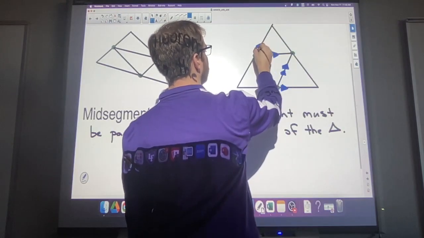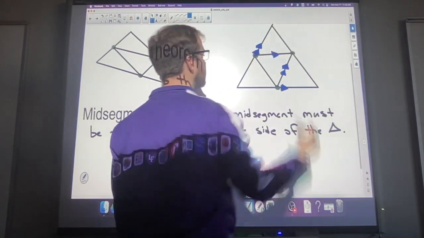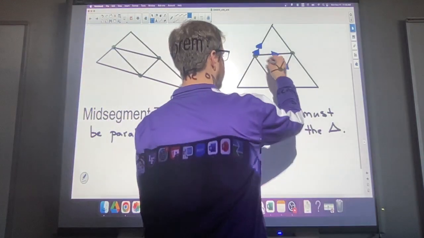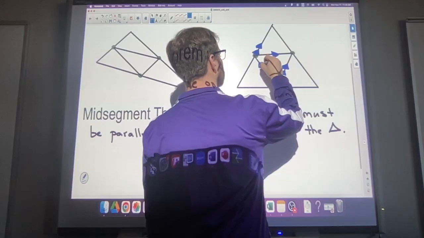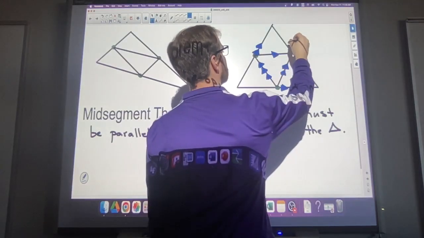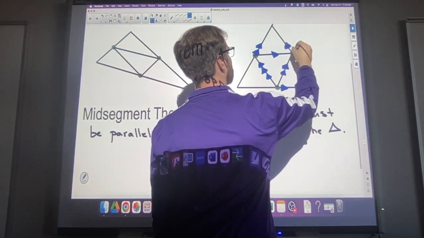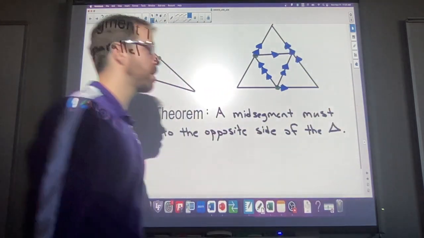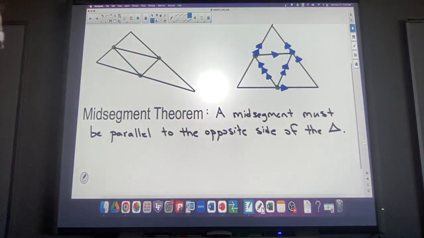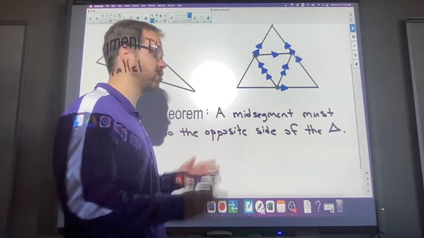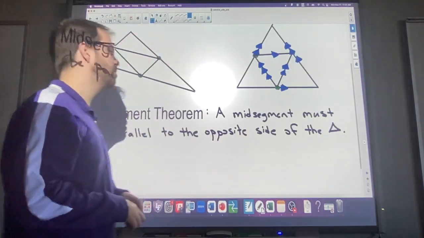It's true for any midsegment. There's no proof here, but just take my word on it for now. They are completely parallel. And this one would be parallel to this. So we have parallel segments, and that's the first property.